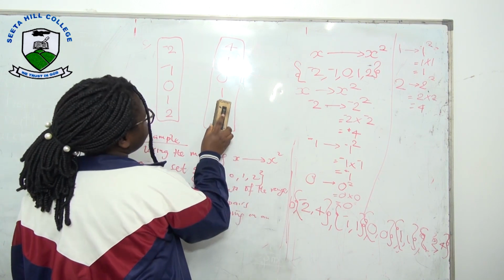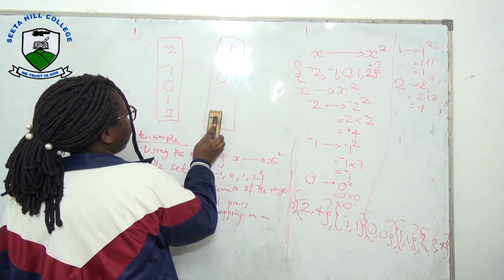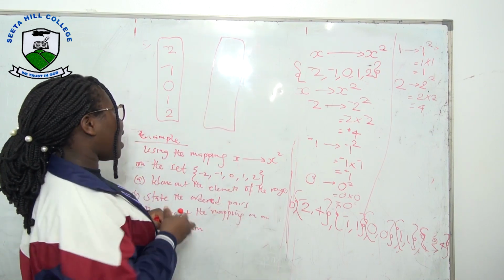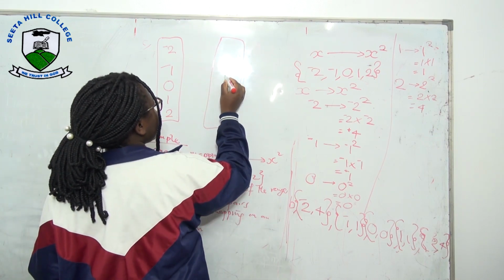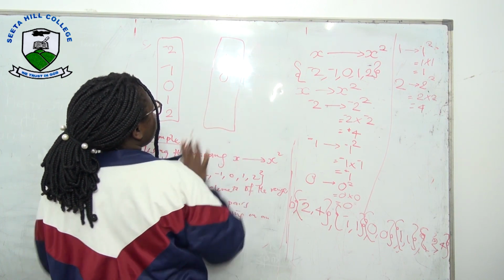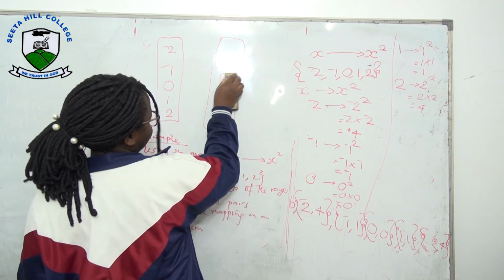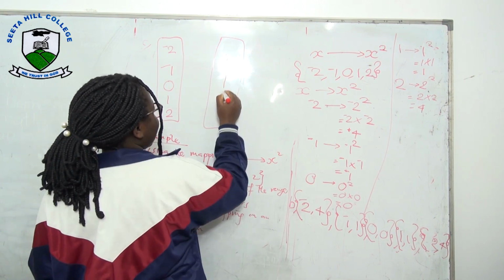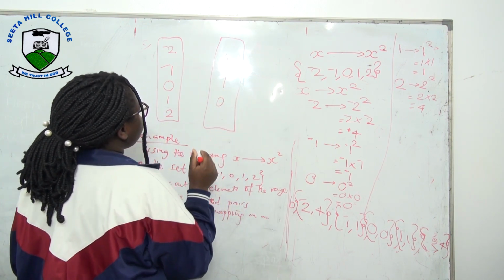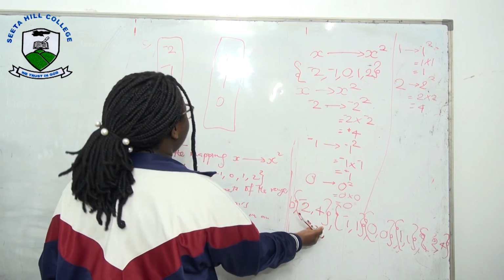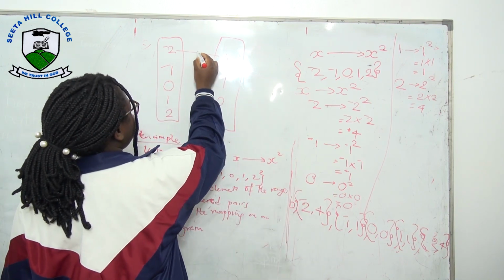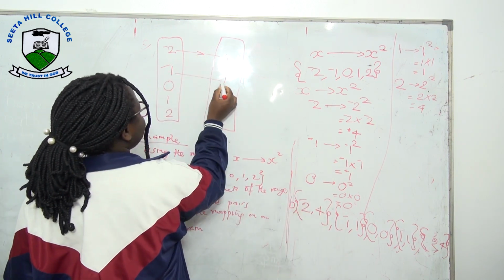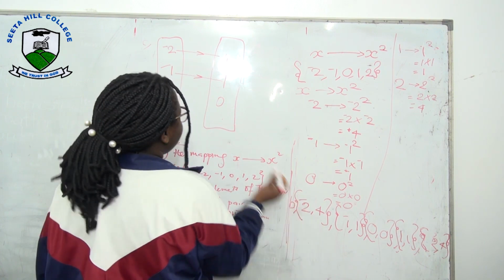Since we're already given 4 two times and 1, I have 4, 1, and 0. So -2, since it is paired with 4, the arrow will go to 4. Then -1 with +1. Then 0 with 0.